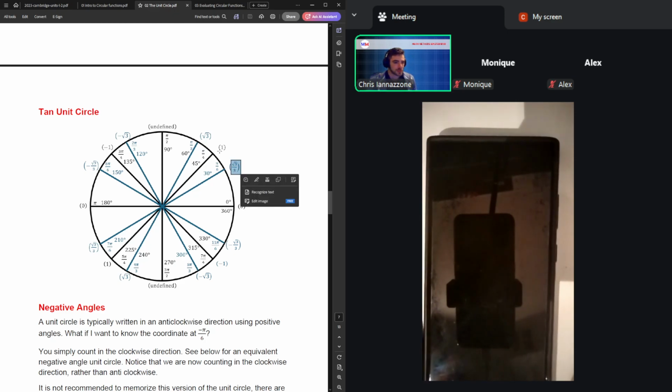First is the values themselves, you just need to know. But as far as where they go on the unit circle and where you're organizing them, because tan is sine divided by cos, and sine is y and cos is x, another way to think about tan is just y divided by x.